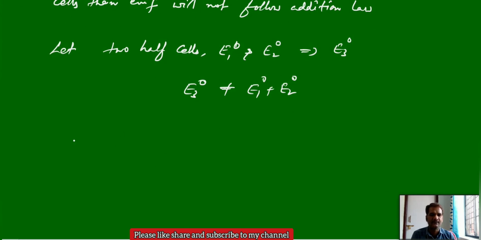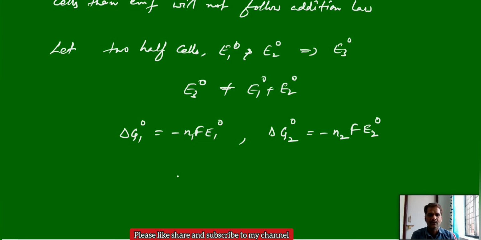For the first cell, with E1 naught, we can take delta G1 naught equals minus n1F E1 naught. Similarly, for the second cell, delta G2 naught equals minus n2F E2 naught.